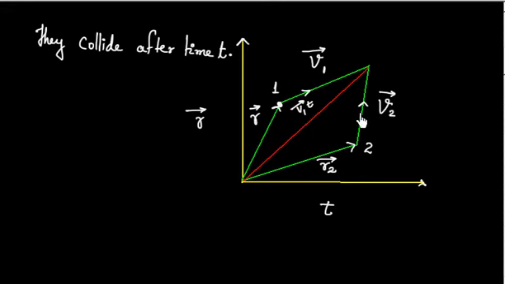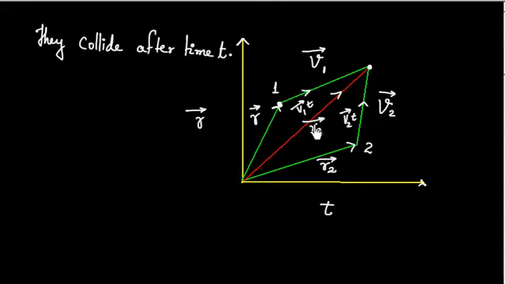This vector is v2 into t, because time is again t. Finally they are reaching this point and colliding. Let us say this is the r3 vector where they collide.